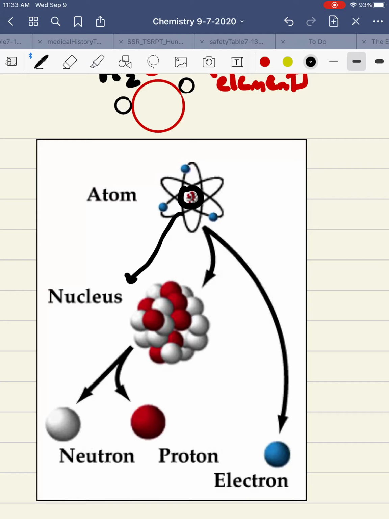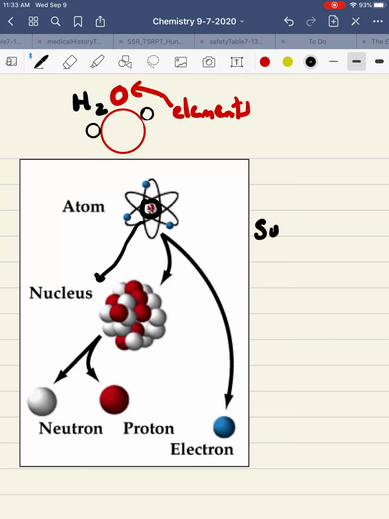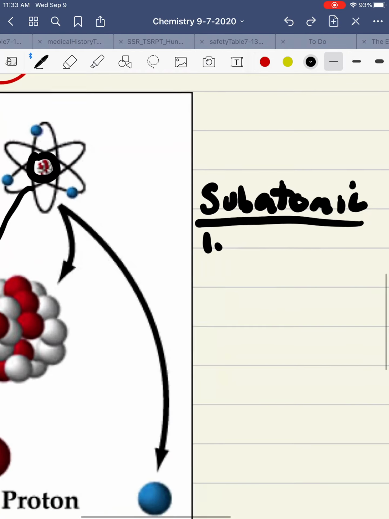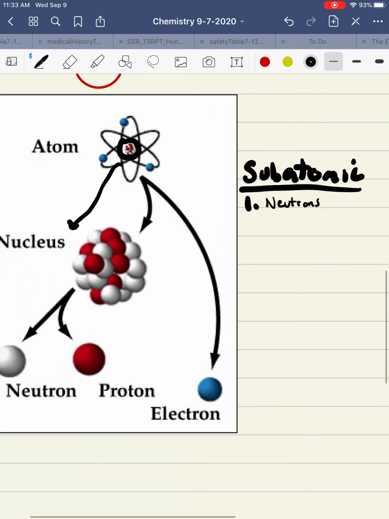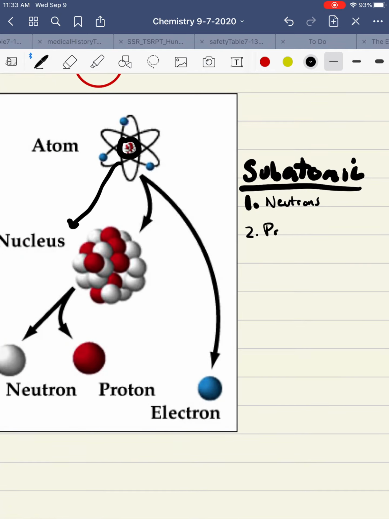And there are 3 subatomic particles. And let me just write subatomic. There are your neutrons. Your protons and your electrons.